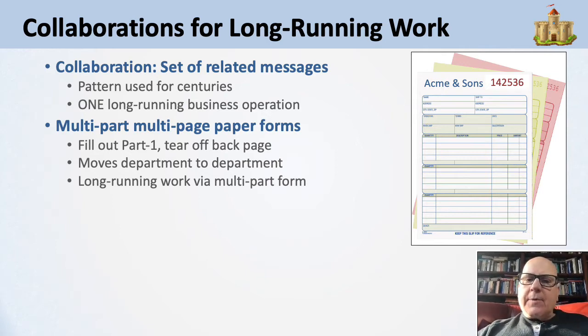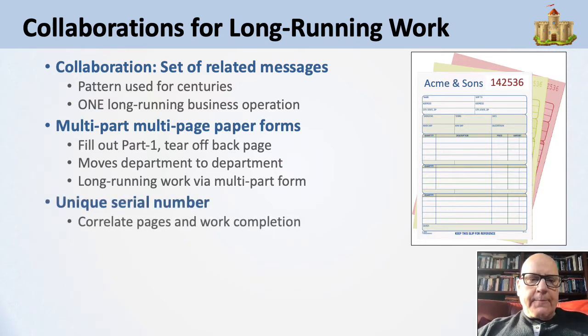Now that moved from department to department to accomplish the long-running work. So you did long-running work via multi-part forms, and as parts were filled out of the form, the back page would be taken off and kept inside of the department that was dealing with the work. Now these always had a unique serial number.